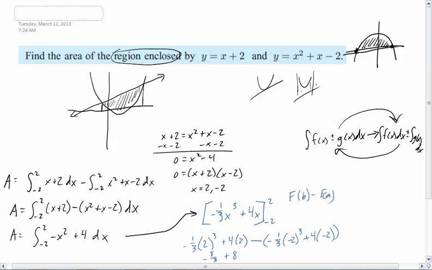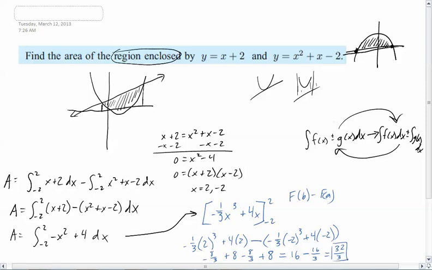And then -2 to the third is -8, times 1/3 is 8/3, which will be minus another 8/3. And then minus negative times a negative would be plus 8, which means in the end I have 16 minus 16/3, which is going to be 32/3.